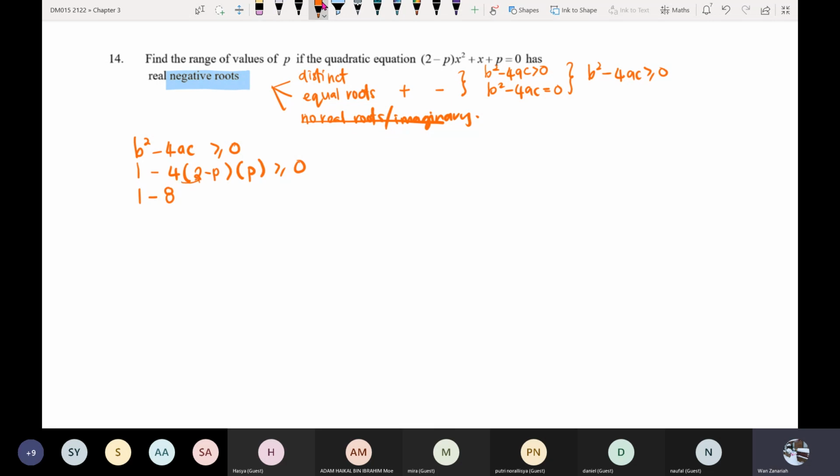Ini 8 lepas tu darab dengan P, so negative 8P lah, right? So negative 8P, positive 4P square, greater than 0. So 4P square minus 8P plus 1 greater than 0. Okay. What is the factor? Tell me.